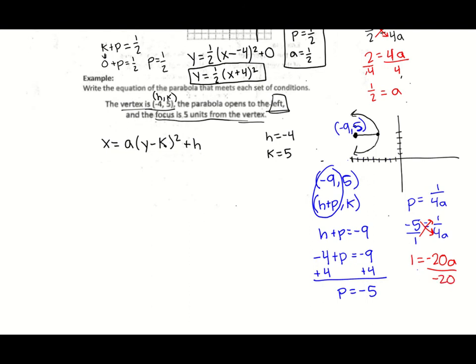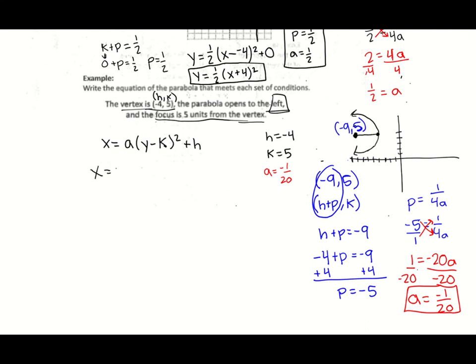Divide by -20. I get a is equal to -1 over 20. Okay, so now I have my last value. I can plug those in. So I get my answer.